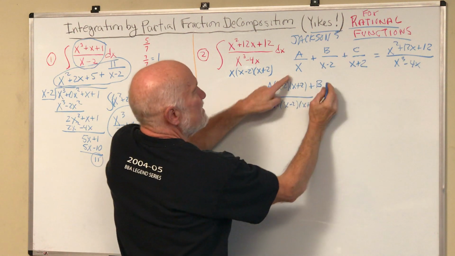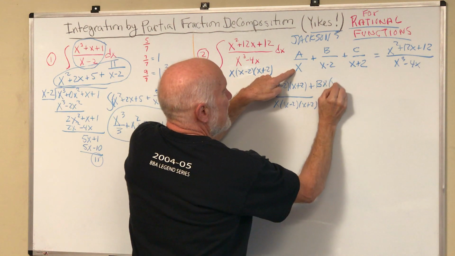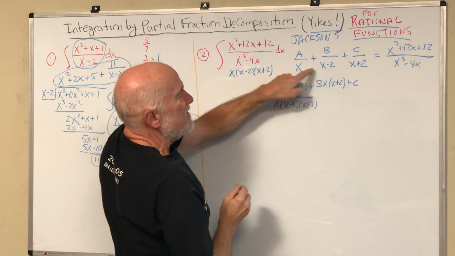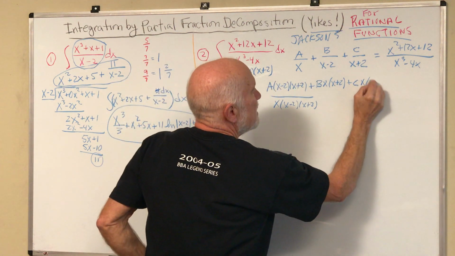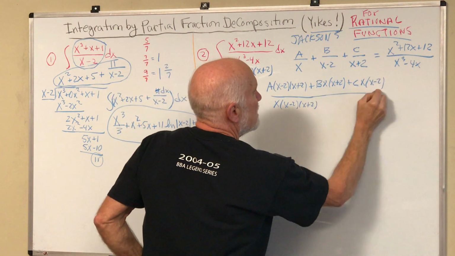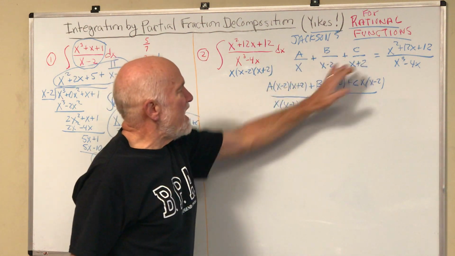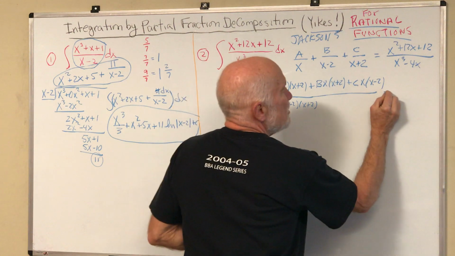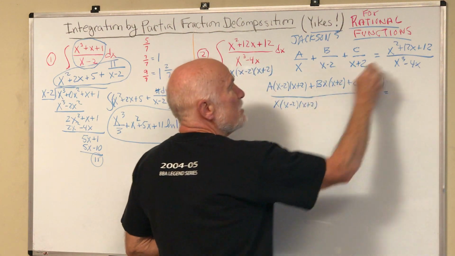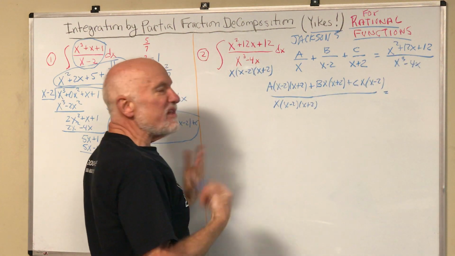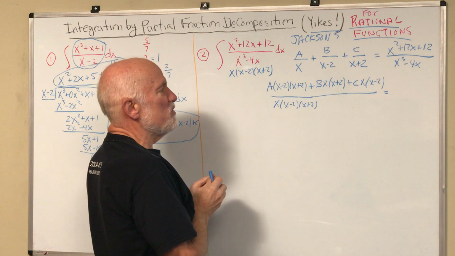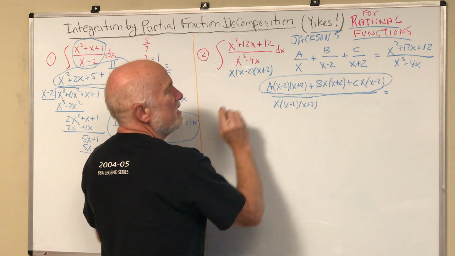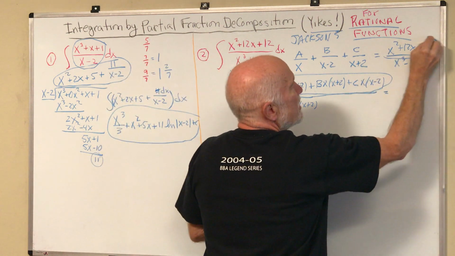B is missing the factor of x and x plus 2. And C is missing x and x minus 2. So if we put these three fractions back under the same denominator, what I'm going to try to do is then make this equal to this. So we really don't even have to look at the denominators. We just have to make this numerator equal this numerator.